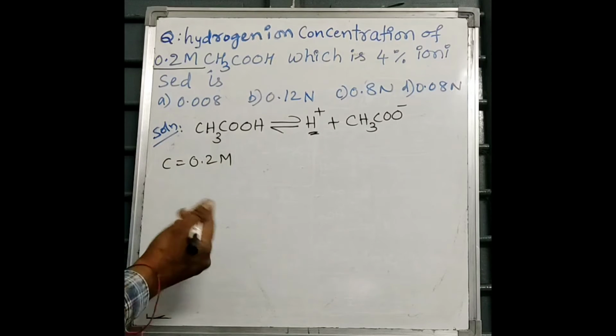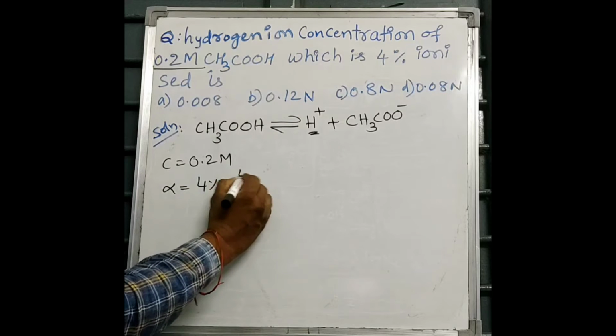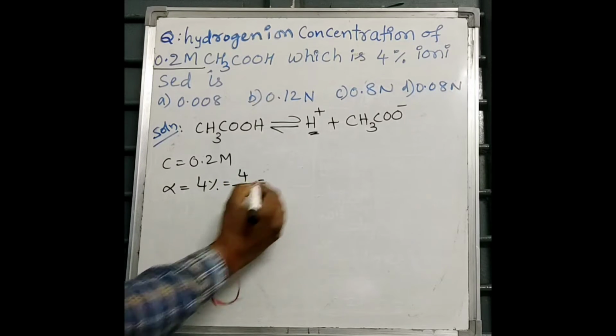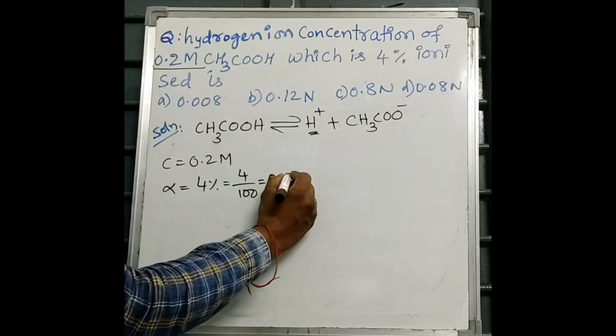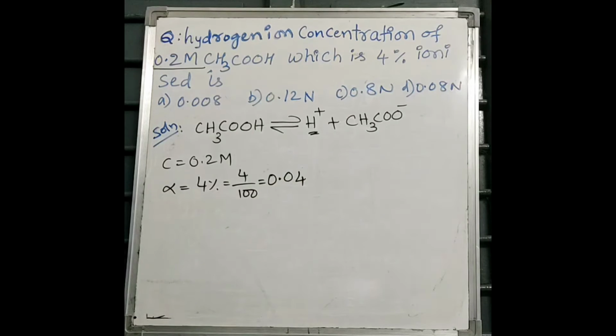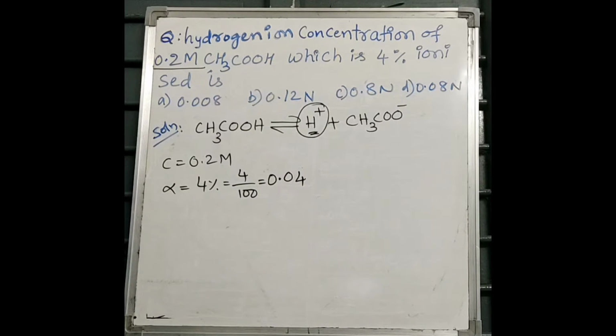And how much is ionized? Alpha value is 4%, that equals 4 divided by 100, which is 0.04. 0.04 is the degree of dissociation. And he is asking the H+ ion concentration after 4% ionization.